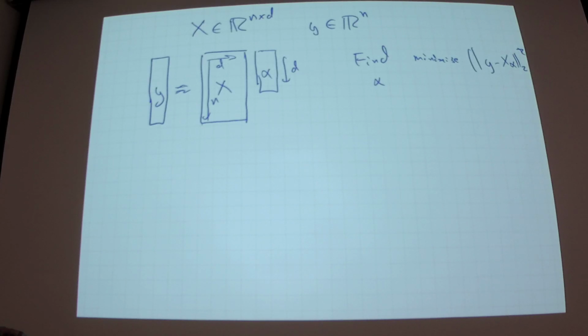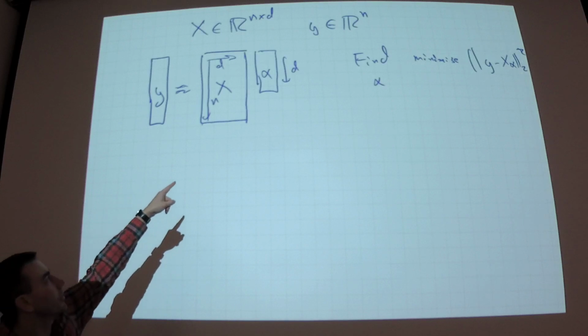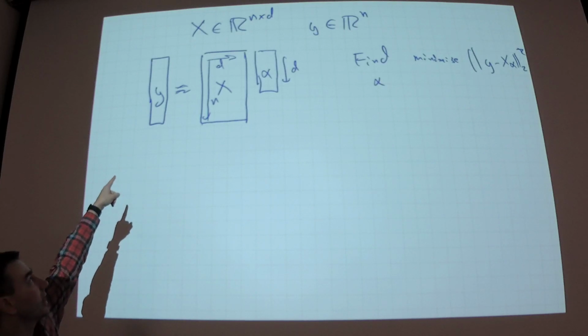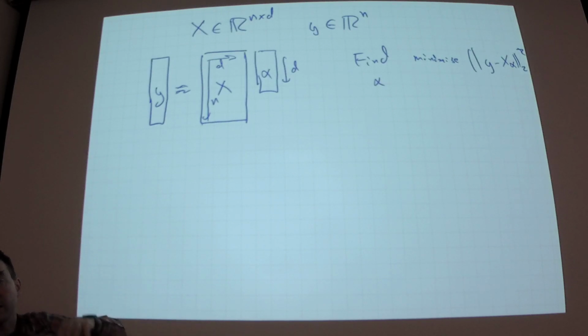This is the two-norm of a vector. x times alpha gives me a vector which approximates y, and I look at the L2 norm between these. I can look at the squared version, or I can take a square root; the minimizer is the same.